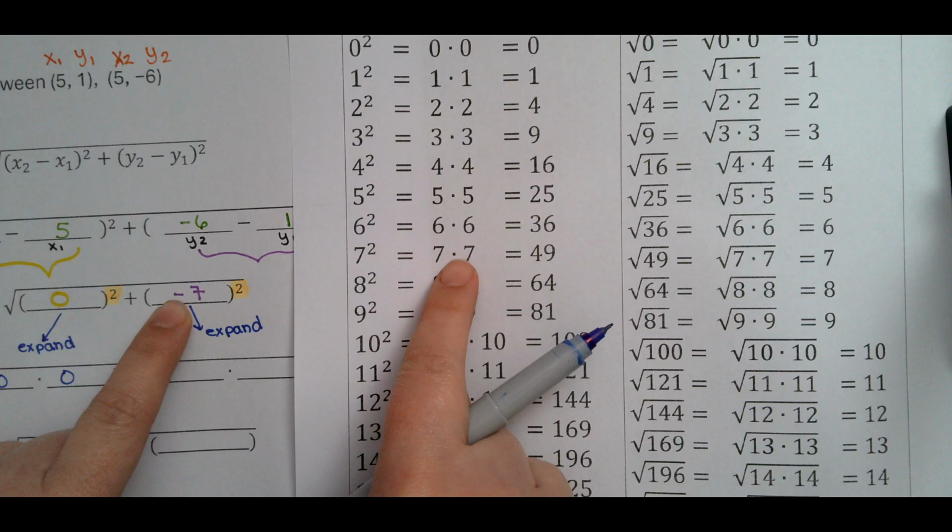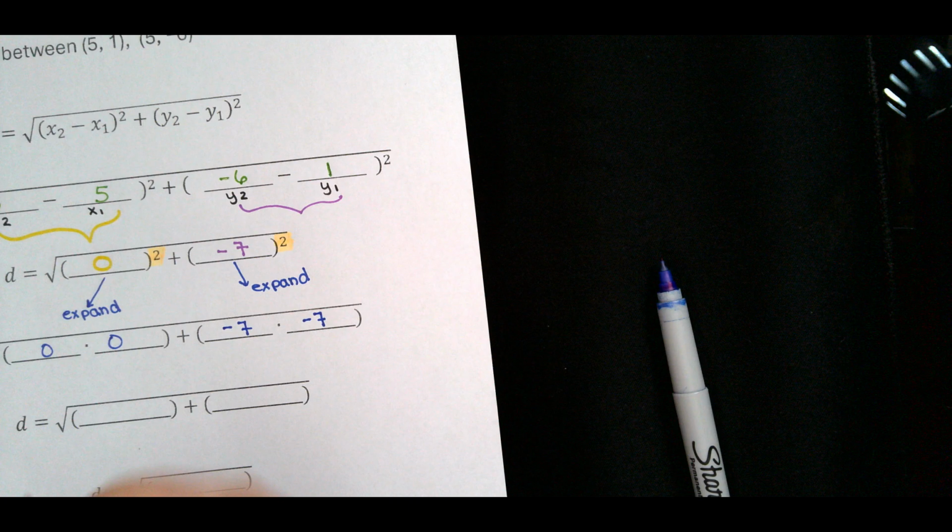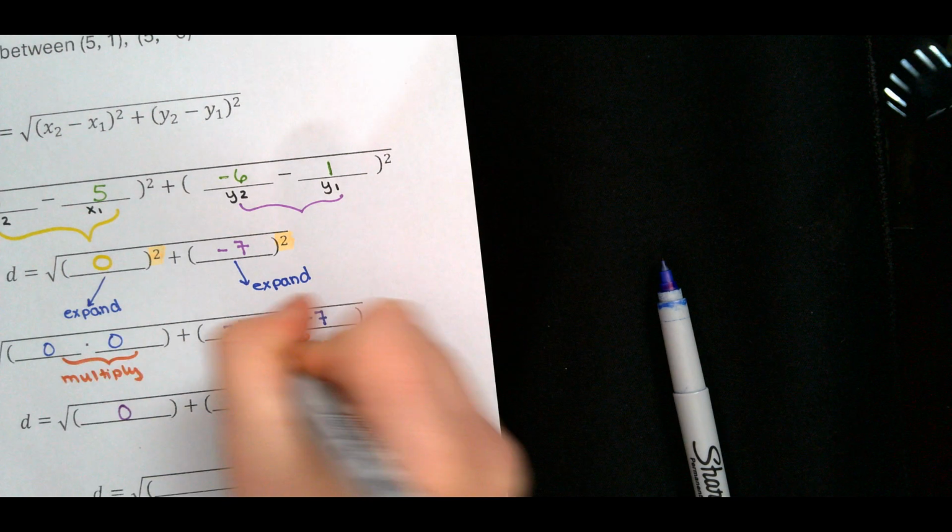Next, you're going to multiply. This is times, multiply. These are the same sign, so that means I'm going to have a positive. 7 times 7 is 49.